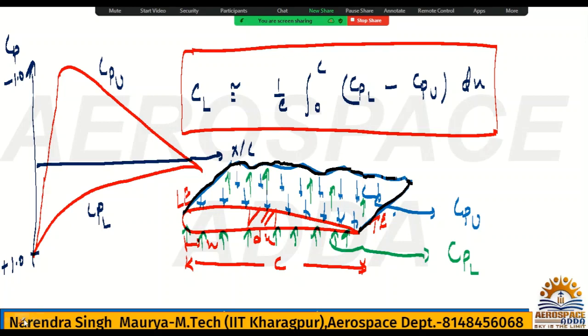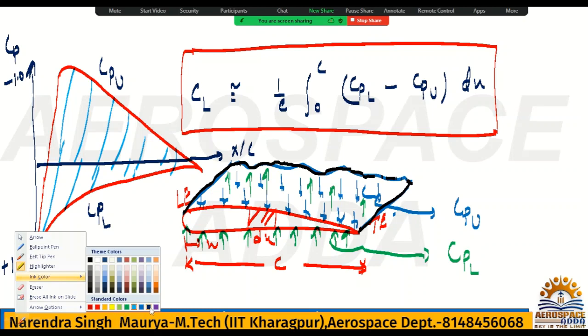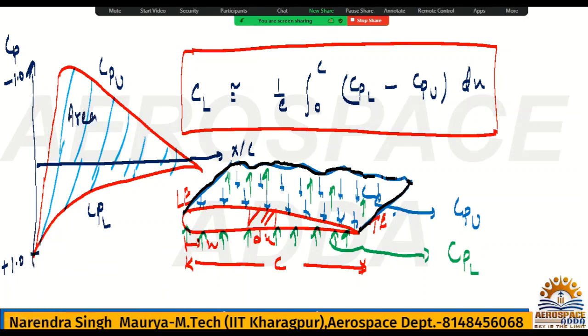So whatever area this covers, this whole area will give the lift coefficient. So the MCQ will be: what is the area under the pressure coefficient and chord length plot? The area covered in the plot of pressure coefficients and chord will be the lift coefficient CL.